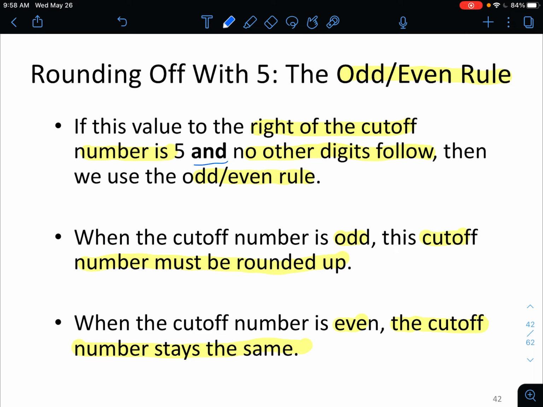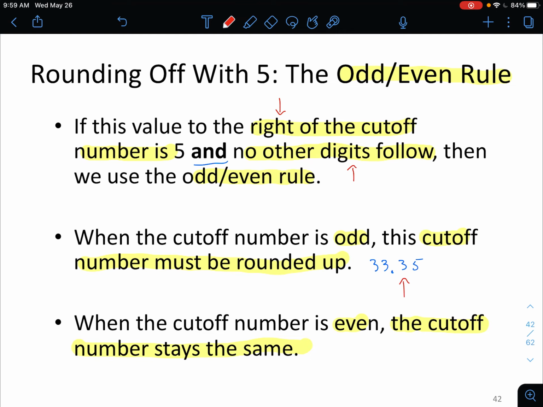So let's say, for example, that I have 33.35, and for whatever reason, based on the particular problem, I identify this 3 as the cutoff number. So this is a case that would qualify for the odd-even rule because the value to the right of the cutoff number is 5 and no other digits follow.